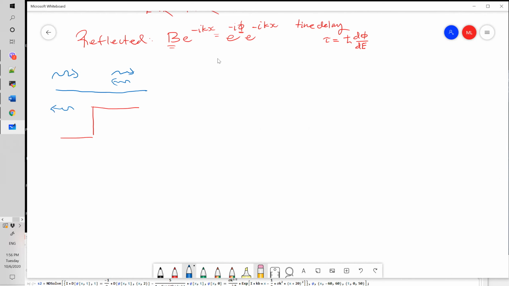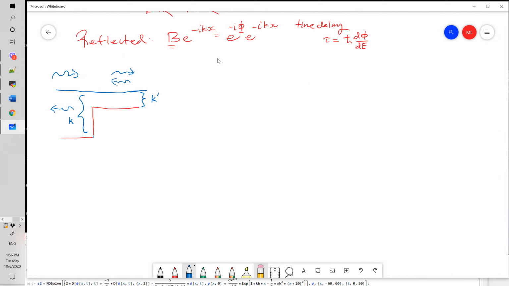Now they're oscillating, the e^(ikx) type waves, but you have a different k here. Here's the kinetic energy, the difference between the total energy and the potential. Here you get a bigger kinetic energy. So this is associated with some k prime, and this is associated with some k, the wave vector associated with having that kinetic energy.